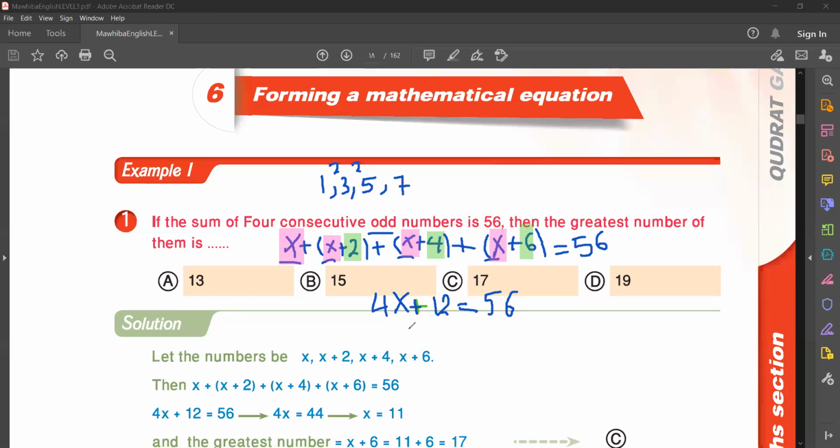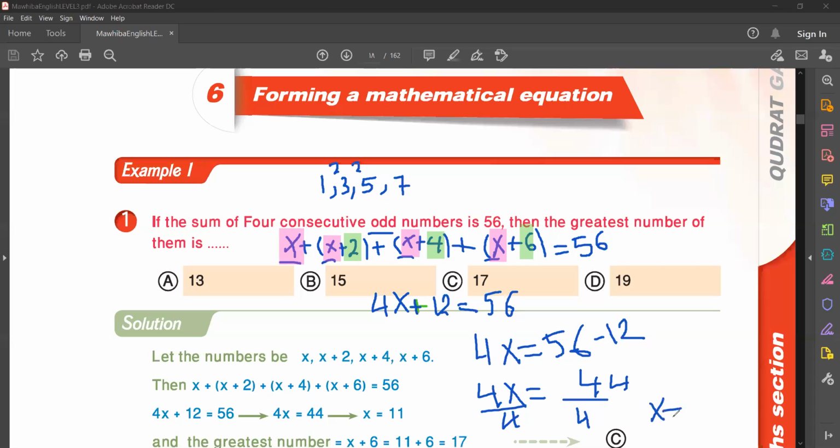12 goes to the other side, then 4x equals 56 minus 12, which equals 44. Divided by 4, you get x equals 11, right? Now the smallest number is 11.